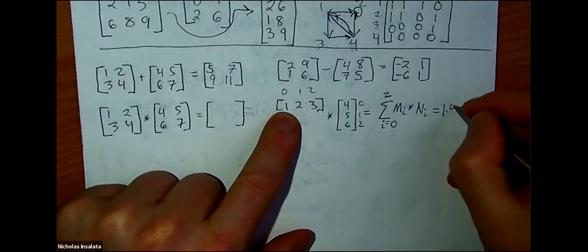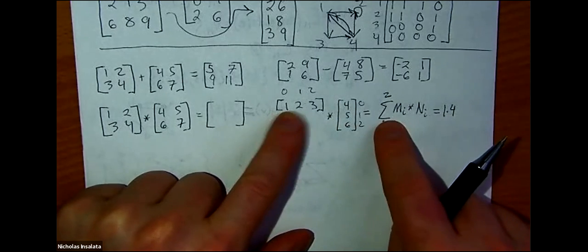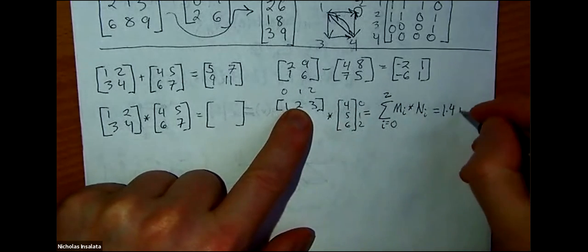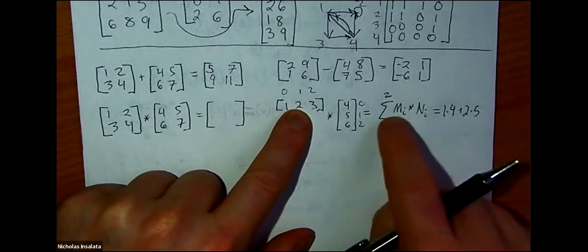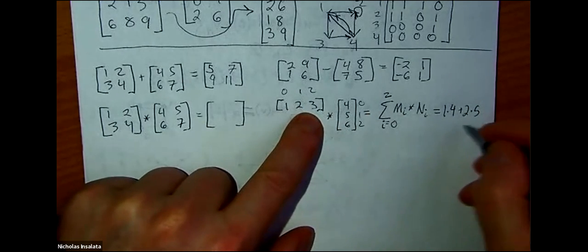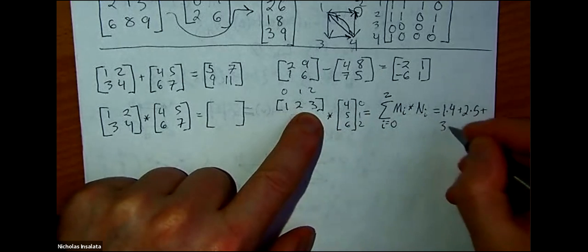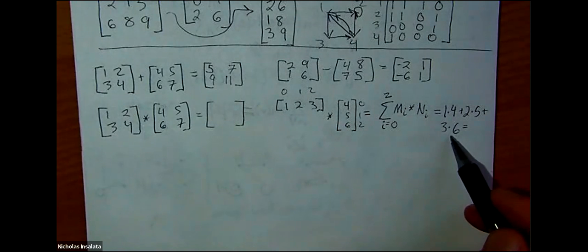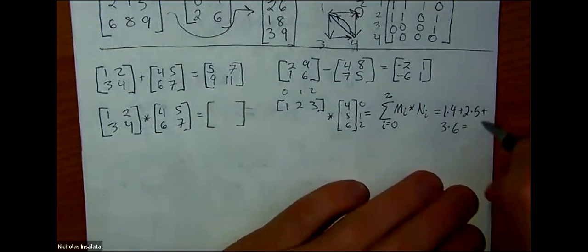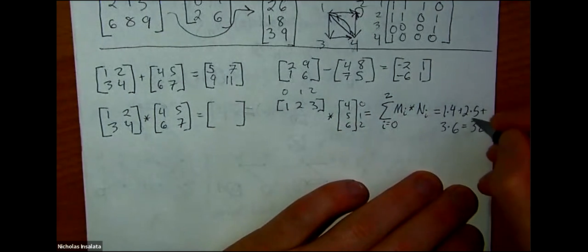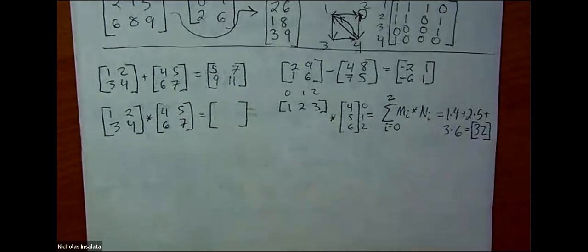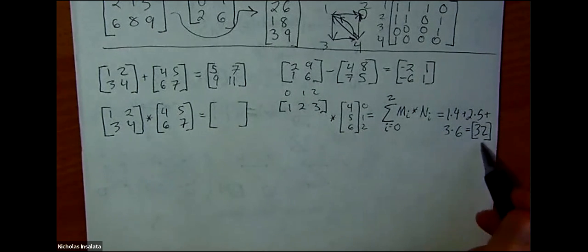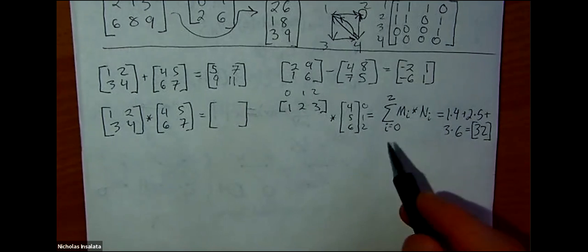1 times 4 plus 2 times 5 plus 3 times 6, which in this case is going to be 4, 14, and 18 makes 32, which would be its own number. This would be a 1 by 1 matrix, right?